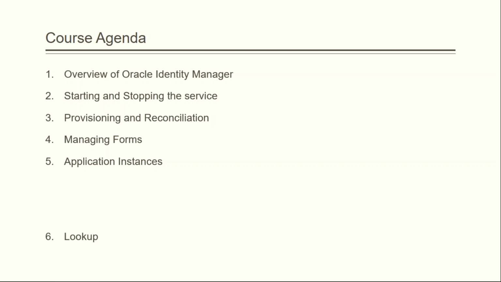Then we will look into the various kinds of lookups which are there for Oracle Identity Manager. Lookups in the sense of the fields which are displaying in the form? Yes, but it can be many things. Let's say there is an entitlement, and the entitlement has been defined to give a user access to a database, and there is a database connector installed in between OIM and the database.